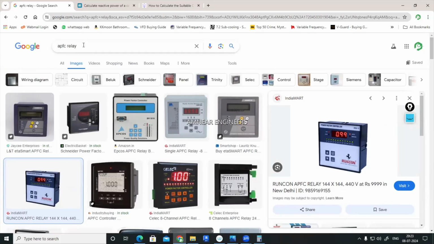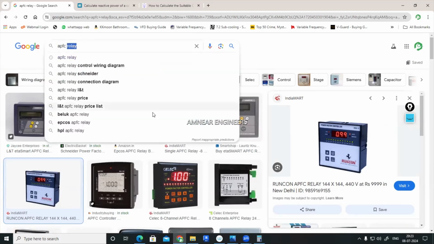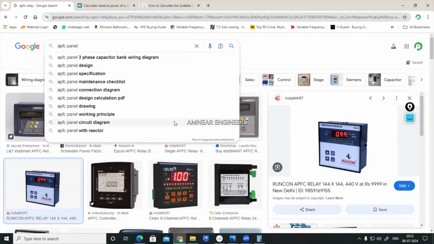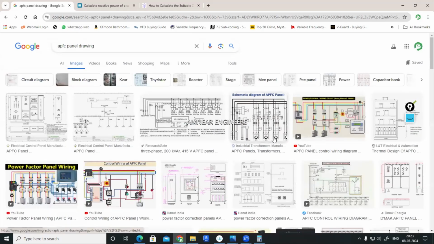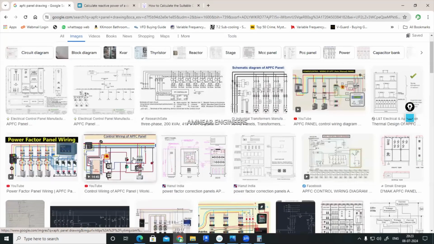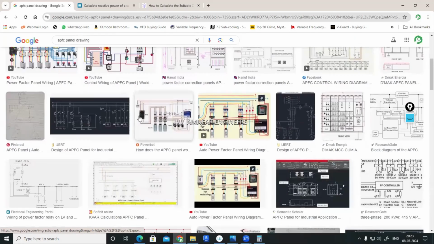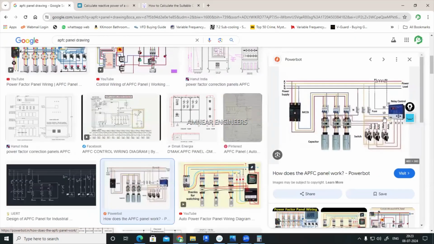If we look at the circuit connection of the APFC panel, you can see these are capacitors, then contactors, then circuit breakers.